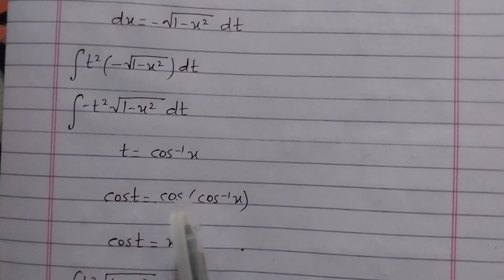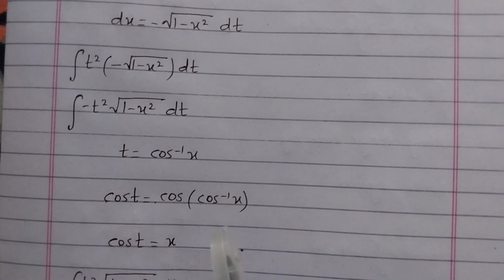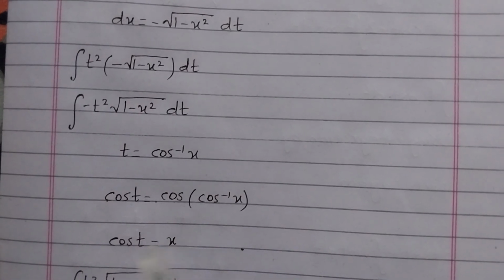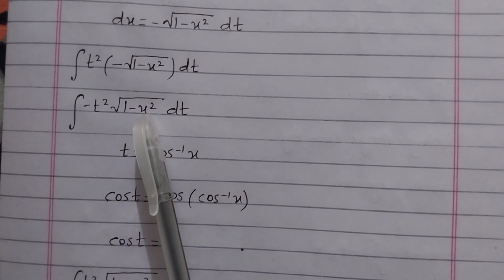So essentially cos and cos inverse are inverse functions, so basically they cancel each other's effect. So cos t will be equal to x. So we have found the value for x, which is cos t, so we'll just put the value for x here.